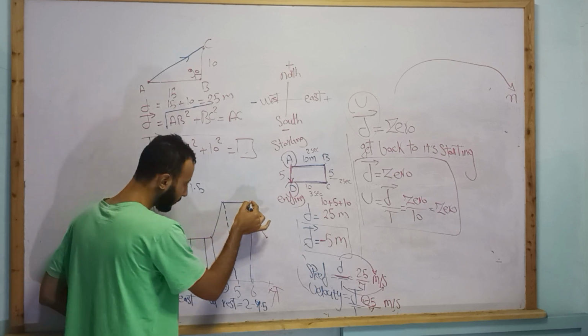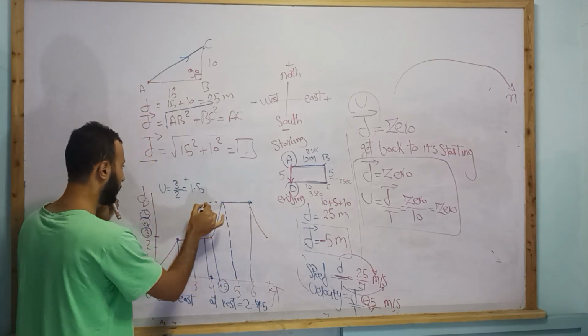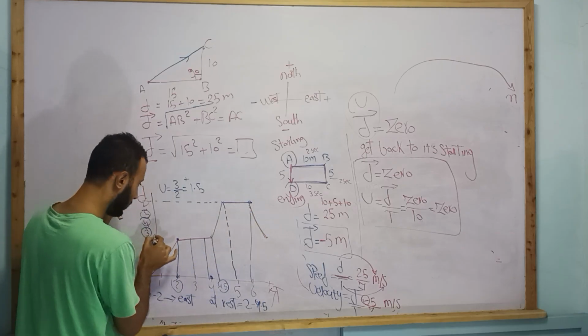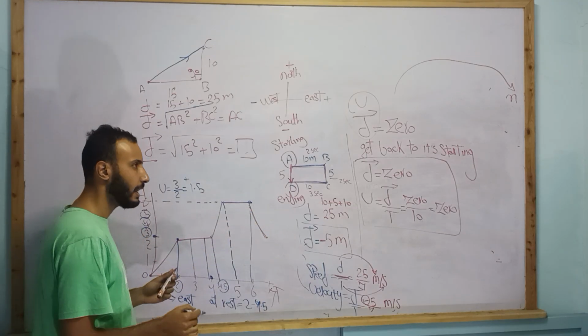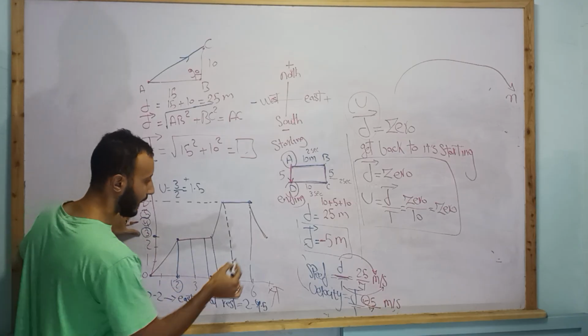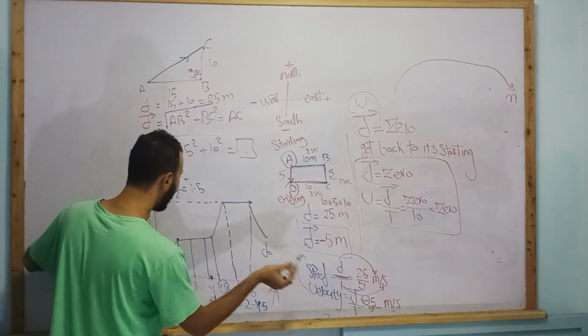And then he gets back from meter number 6, and he goes down to meter number 3. Okay? And if you get the velocity here, from 6 to 3, final minus initial.